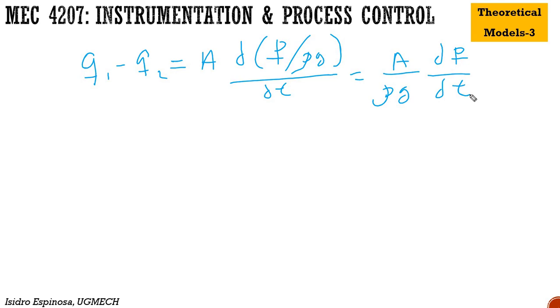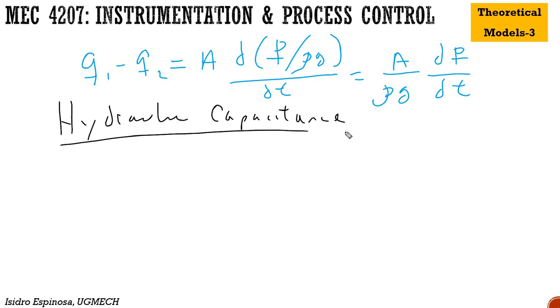So the hydraulic capacitance, normally denominated by capital C, is defined as follows.